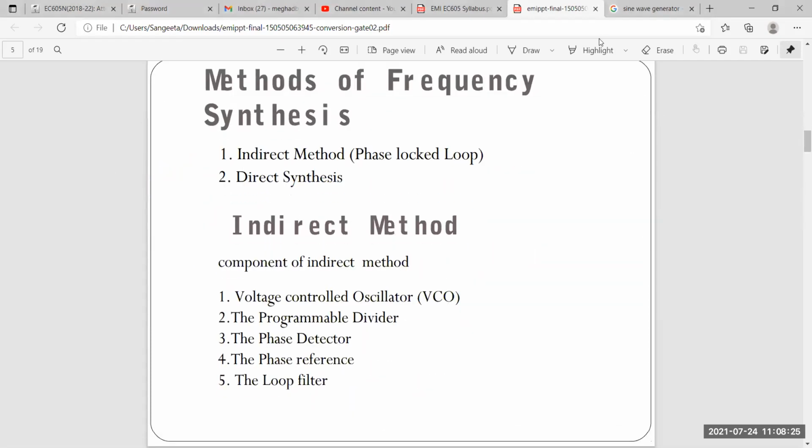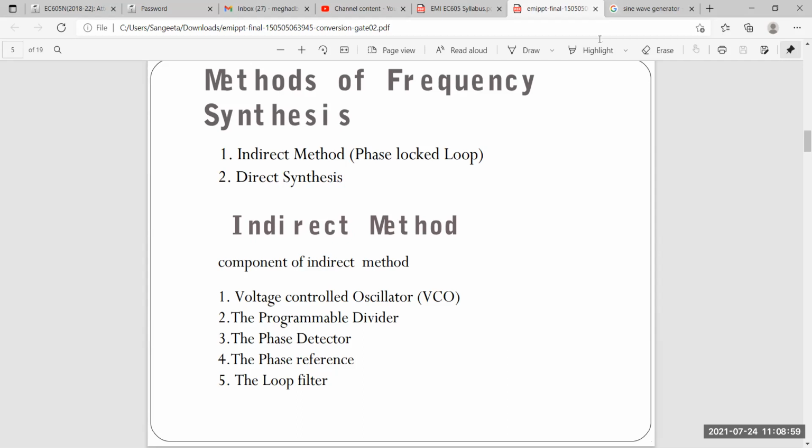Now there are some methods of frequency synthesis. The first method is indirect, the second is direct synthesis. About the phase lock loop, you have heard this term before, I think, because phase lock loop is a very famous term. It was a separate topic in analog and digital electronics.